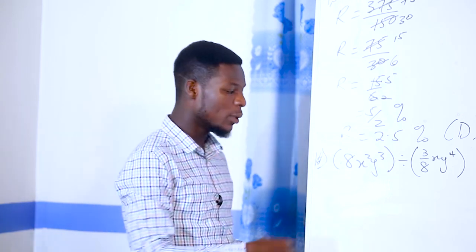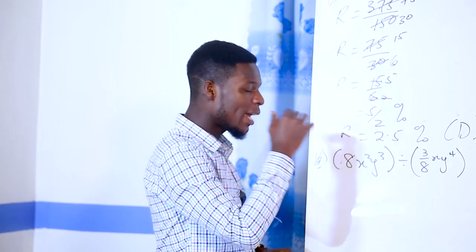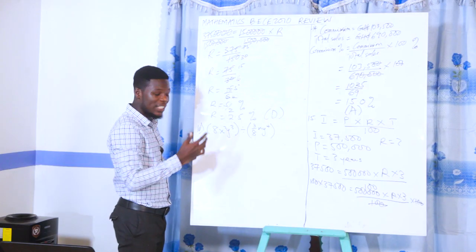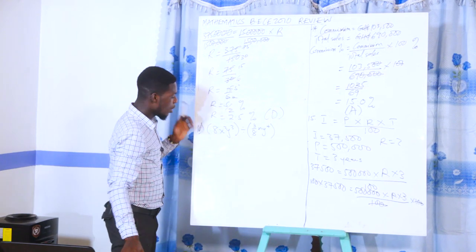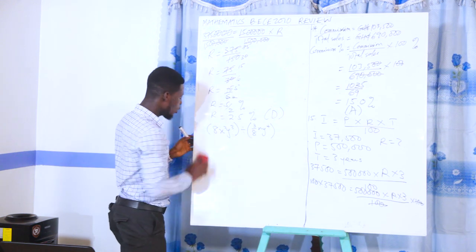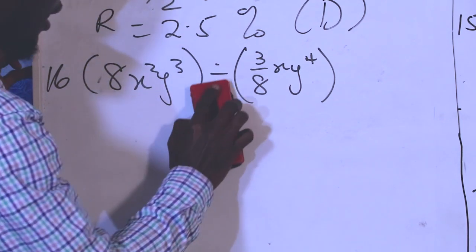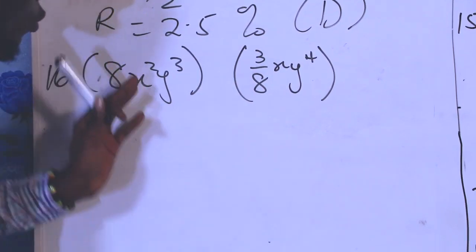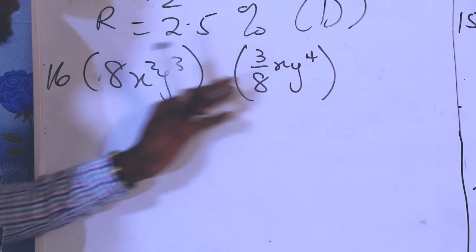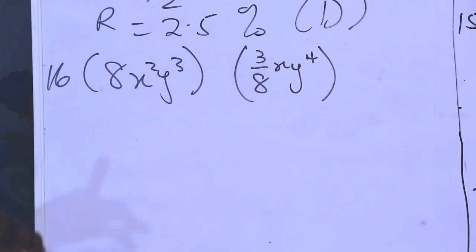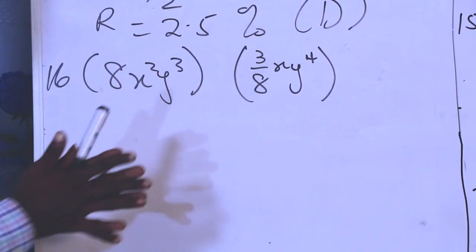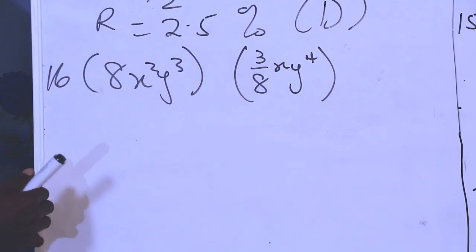Let's modify the question according to the B.E.C.E question. So in question 16, this division is not there, which means that the two terms are multiplying. Pay attention. Those with their resource pack, they are B.E.C.E questions, will follow and know the correct question.